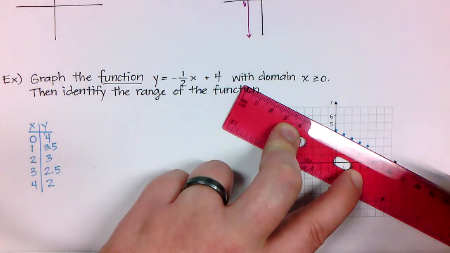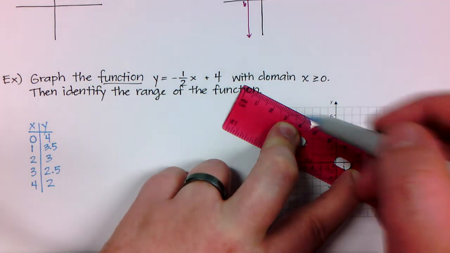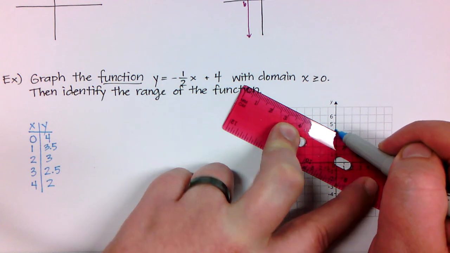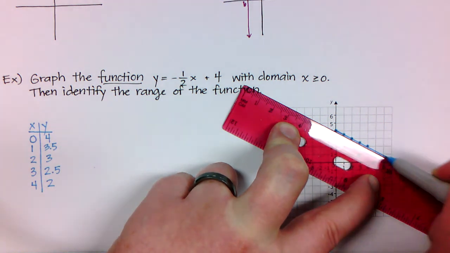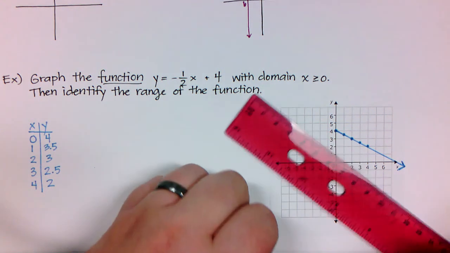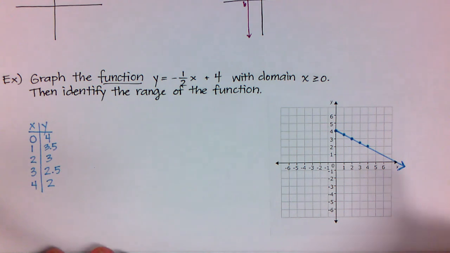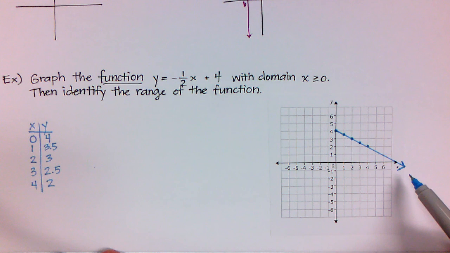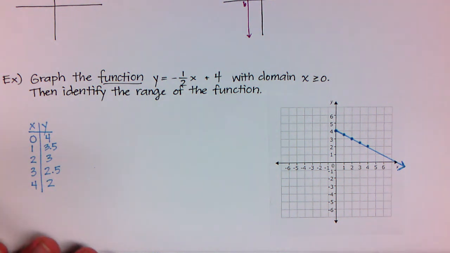I'm not going to draw a line that continues forever. I'm only going to draw a line where the x's start at 0 and keep getting bigger. So it's only going to have an arrow going in one direction. This is a ray. And that's because I'm only showing those x values bigger than 0. So then I have my graph.